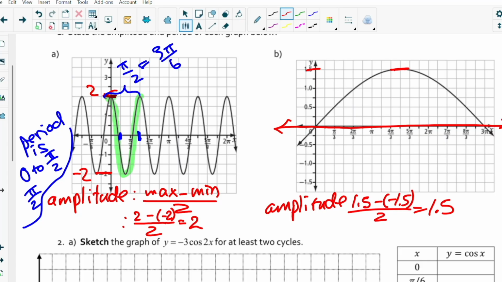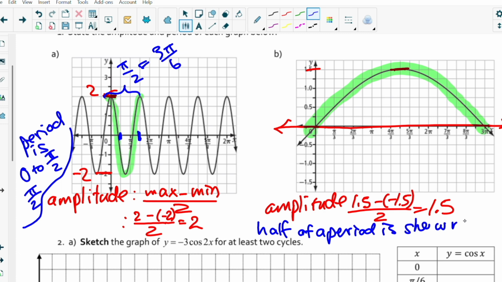for the second half. Okay, so what about the period? What is shown here is half a period, folks. So this is half a period. Half of a period is shown.